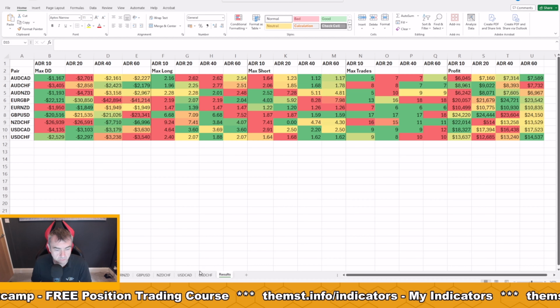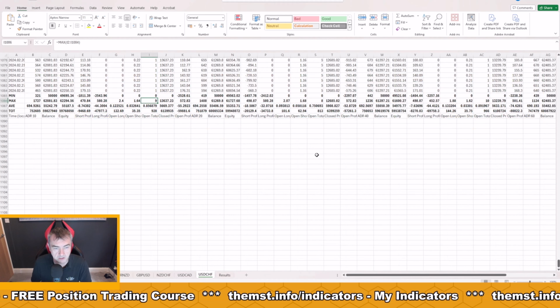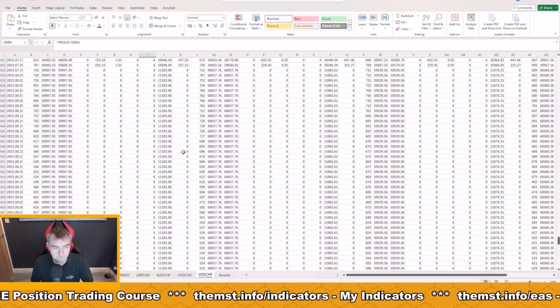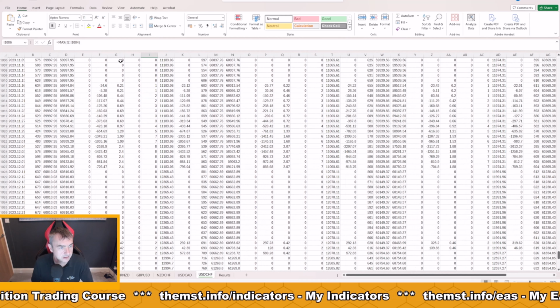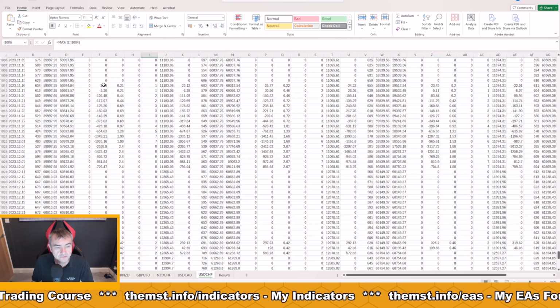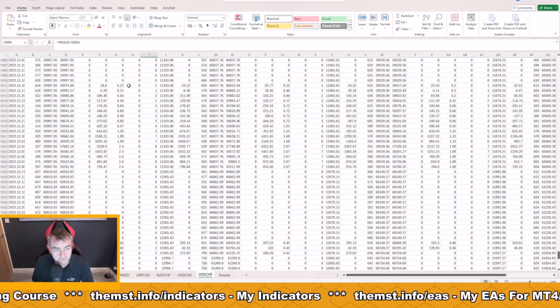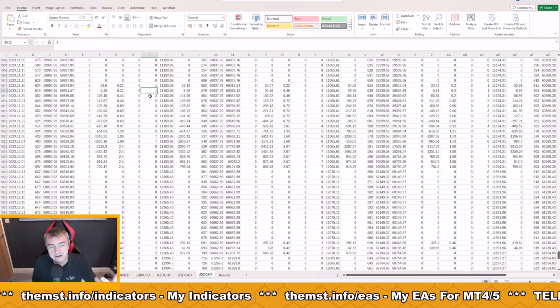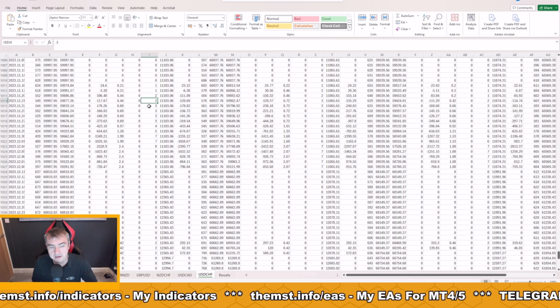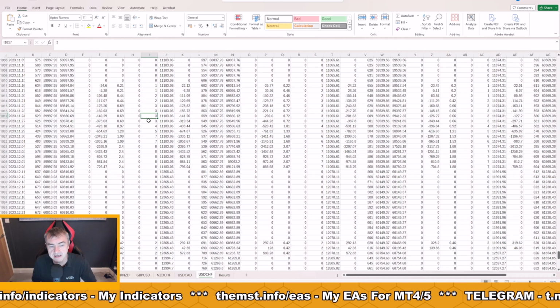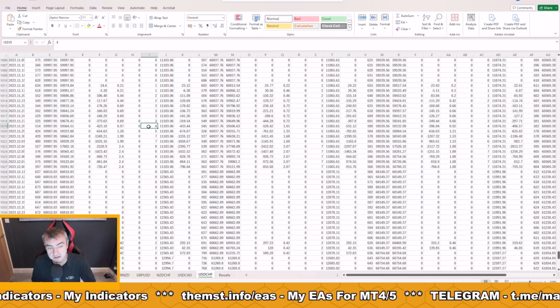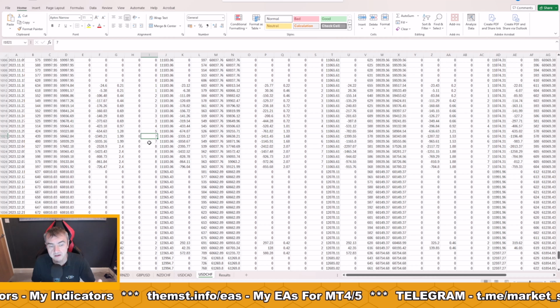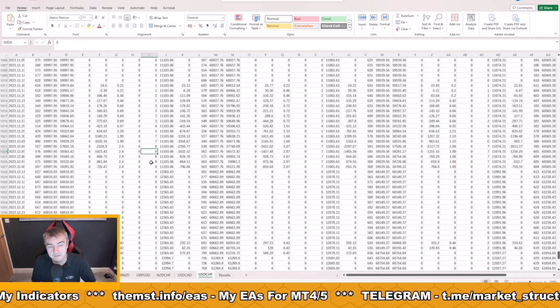So if we quickly go over and have a look through one of these results. So this is the US dollar Swiss. You can see that basically here we've got one trade on, we hold that one trade for 2 days, then we added a second trade, which we held for 2 days, then we added a third trade, which we sat in for 4 days, then we added another one, and then another one, and then another one.